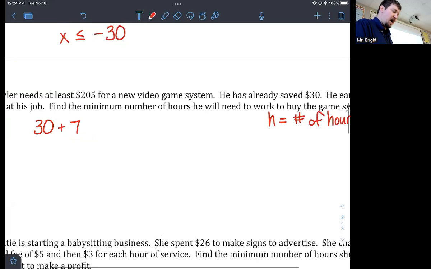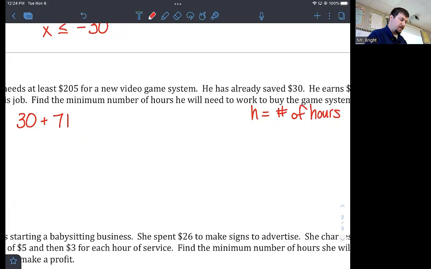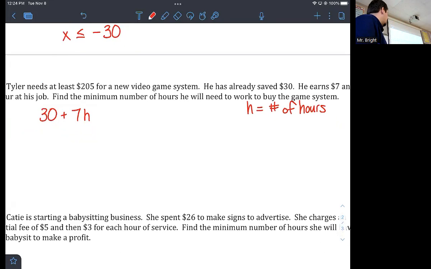So he's got $30 plus he's going to make 7 per hour. So 7H. The bigger H is, the more money he's got, meaning the more he works, the more money he gets. That expression represents how much money he's going to be saving. We need that to be at least $205 in order to buy the video game system.